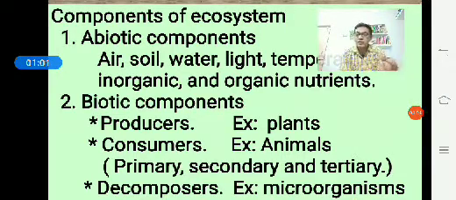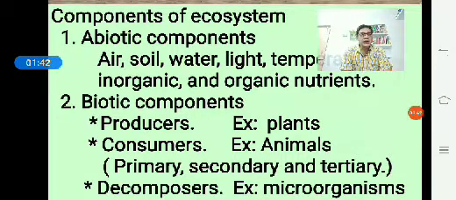Best examples are zooplanktons, grasshoppers, deer, rabbit, goat, cattle, etc. Secondary consumers are the group of animals which consume the herbivorous animals. Best examples are frogs, birds, fox, cat, lizards, etc.